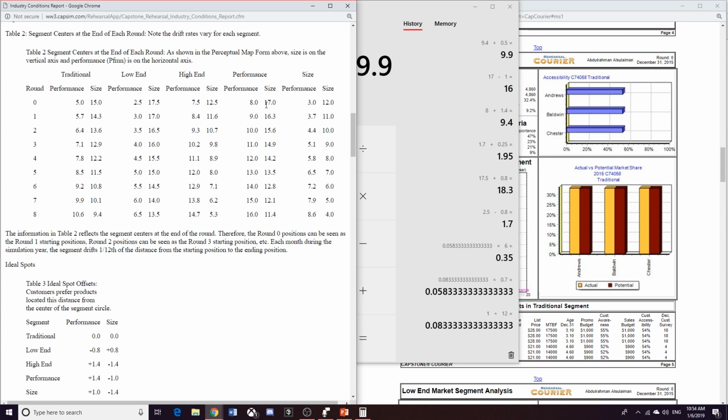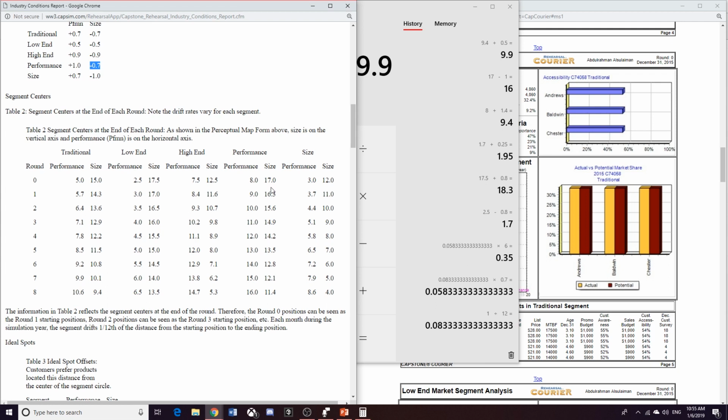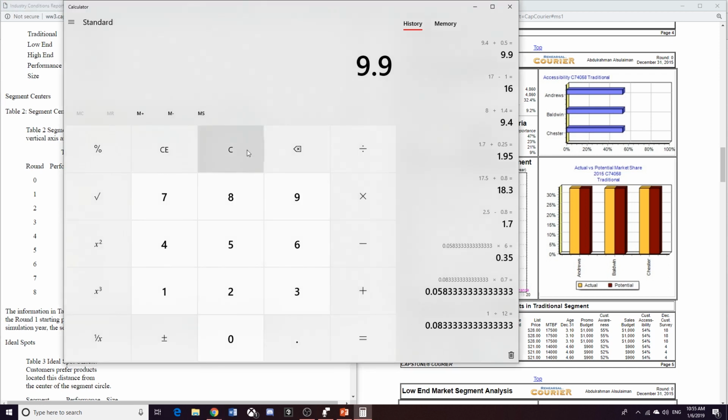So we say that in the beginning, size is 16, and it shifts by negative 0.7 each round. So what is half of negative 0.7? It is negative 0.35. So that means 16 minus 0.35 equals 15.65.